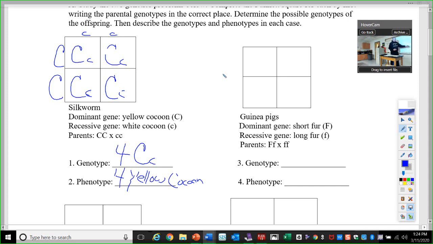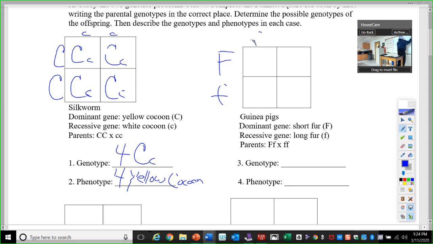Okay, now this first parent, is this parent heterozygous or homozygous? Heterozygous, because hetero means different, right? The prefix. So I'll take that first parent, put it up here. What about this second parent? Homozygous. Recessive. Good. You got to have that second part.